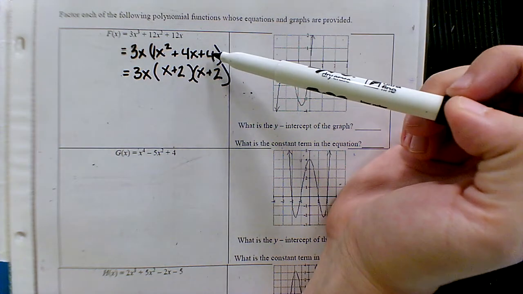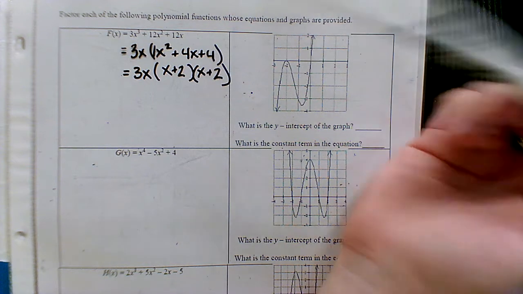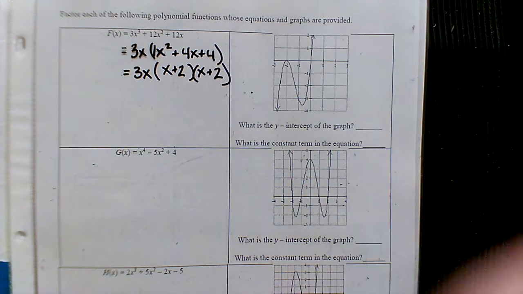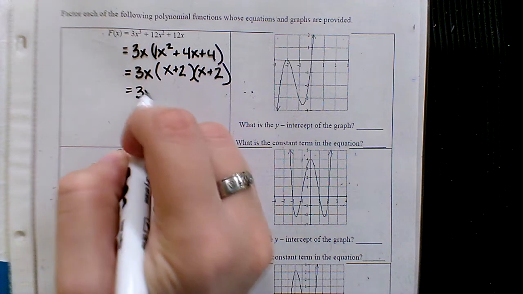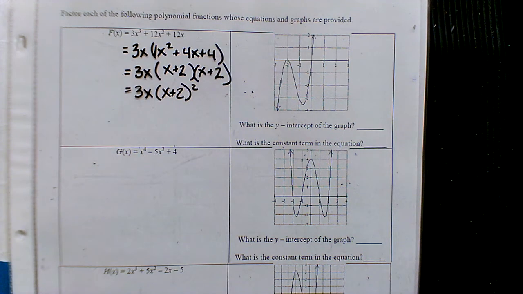So two numbers that multiply to 4 but also add to 4, those would be 2 and 2. So you have two factors, x plus 2, x plus 2. You could write that technically as x plus 2 squared, right? Because you're multiplying the same thing. You can write it as a power of 2 because you have 2 of them.